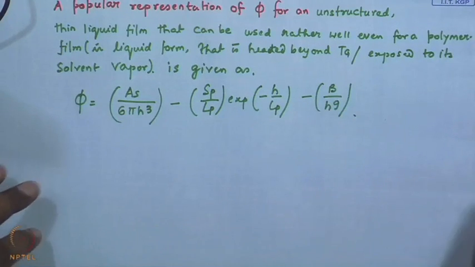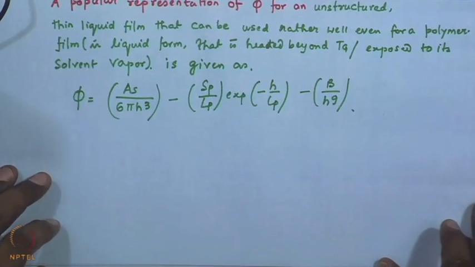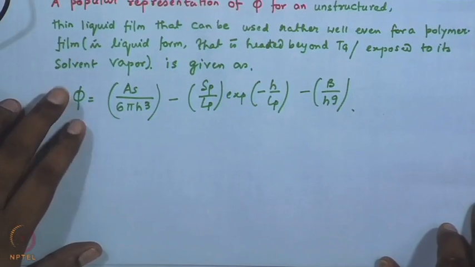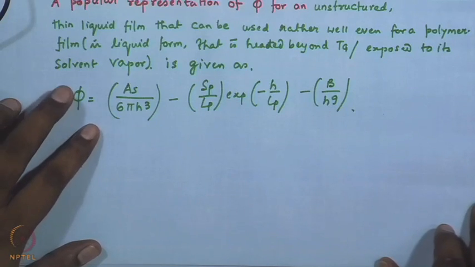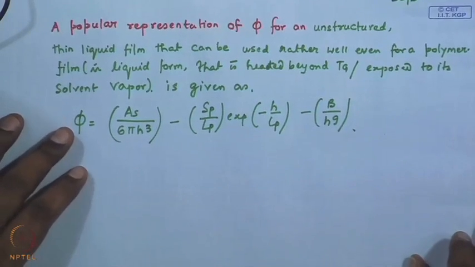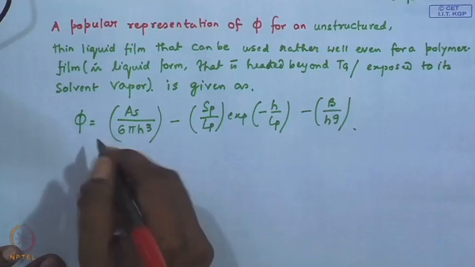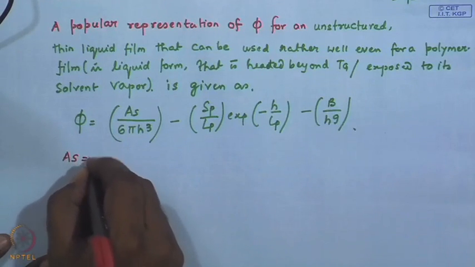Now, this term you can immediately see corresponds to the interfacial van der Waals term. So, A s is the effective Hamaker constant.